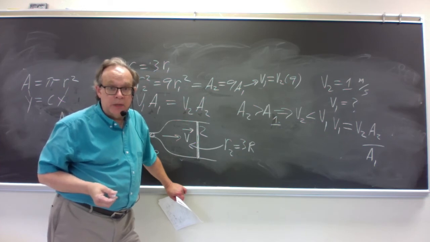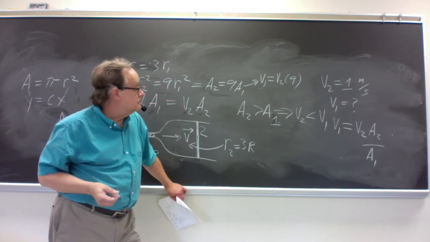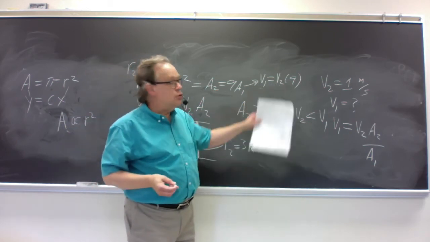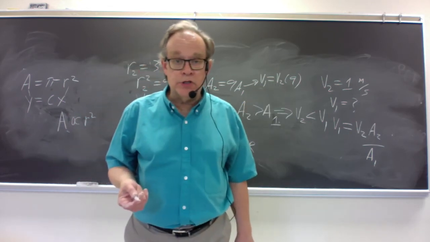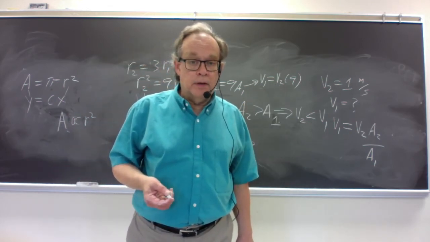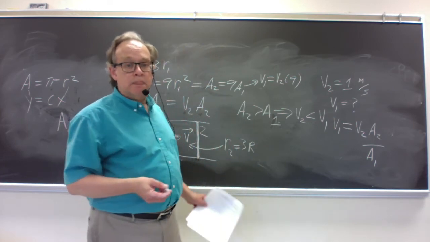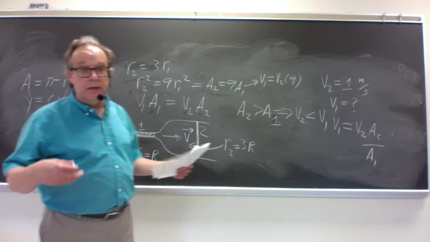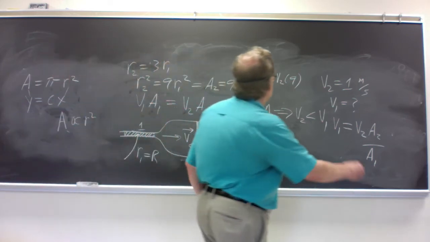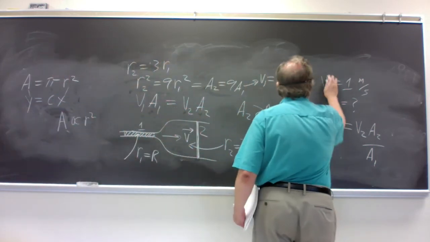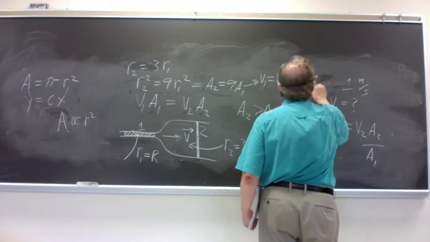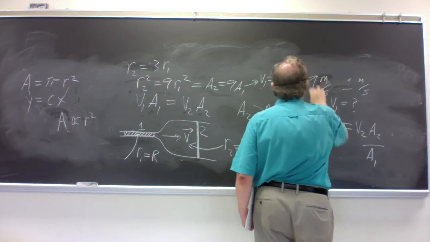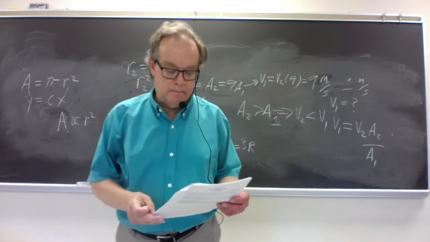A2 is 9 times bigger than A1. And then V2 was just 1 meter per second. So V1, the higher speed in the narrower region, must have been 9 meters per second. Meters per second.